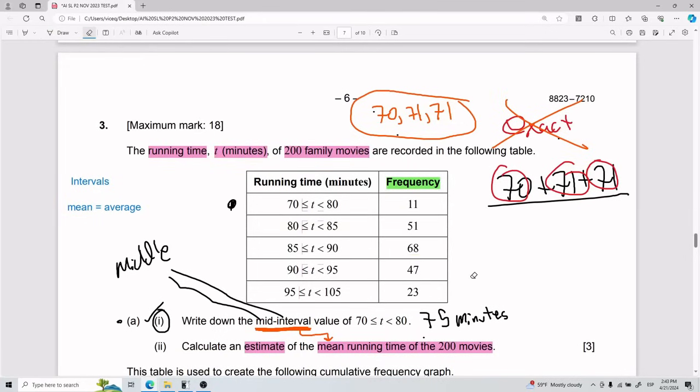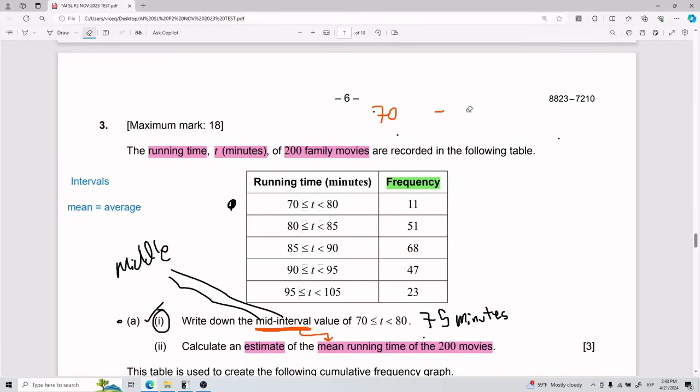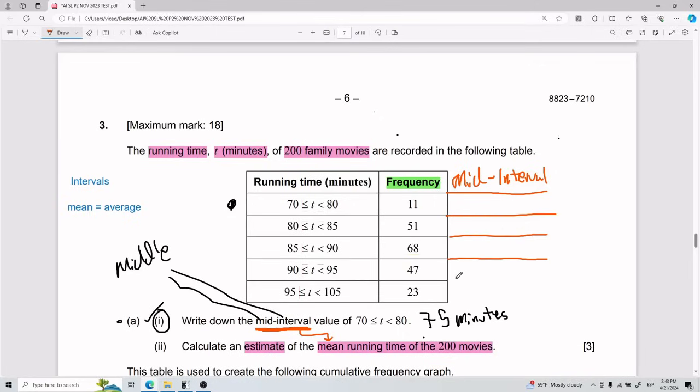Well, your values are going to be the mid-intervals, okay? And so now I'm going to go ahead and add an extra column, just to be very clear, that says mid-interval. All right, and so from here, I'm going to make it very nice and pretty, although my artistic skills, you know, they're all right. Here it is.